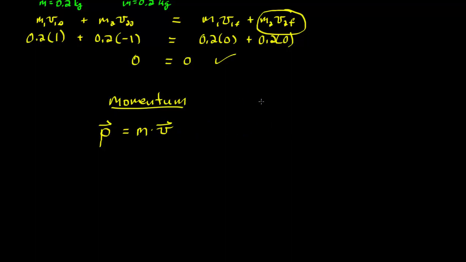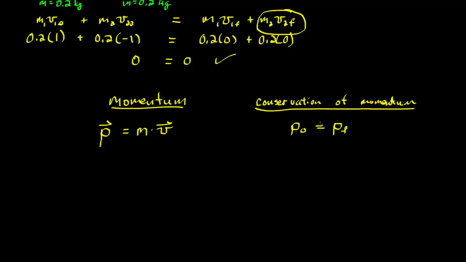And then we have the conservation of momentum. The conservation of momentum just says that the total momentum before is equal to the momentum after, final. And these are total momentums. So you could put a sum, but this is typically how I write it. I'll just put P naught equals P final.